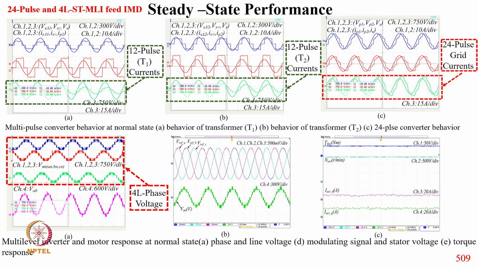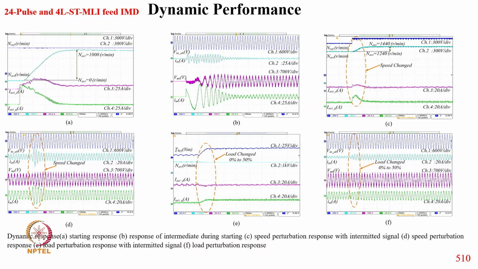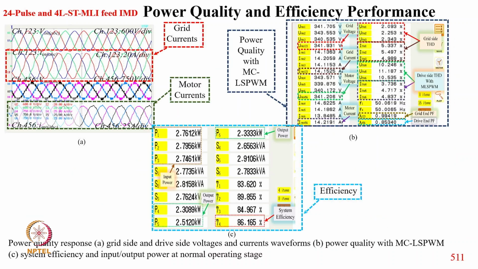You can see here the current in the 12 pulse converter with the supply voltage, and then the 24 pulse grid current and the typical 3 phase voltage and line voltage. The line voltage is quite clean there, and speed, and this is the starting response. You can see motor voltage, supply voltage, supply current, motor current, and during the load change, from 0 to 50%, supply voltage, supply current, and motor voltage, motor current, and then an intermediate signal.